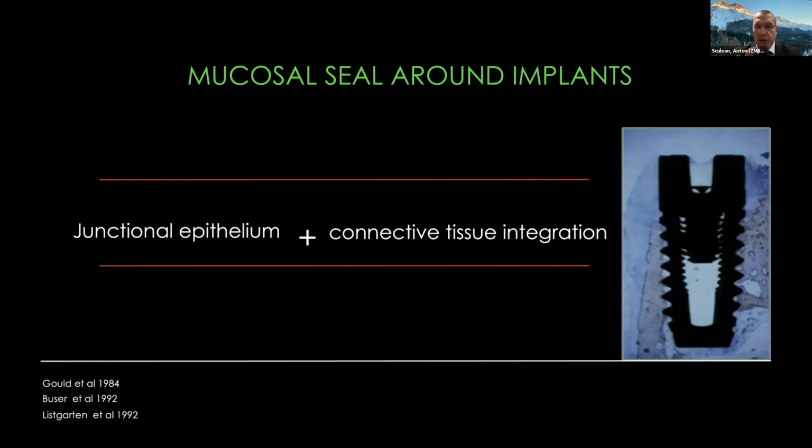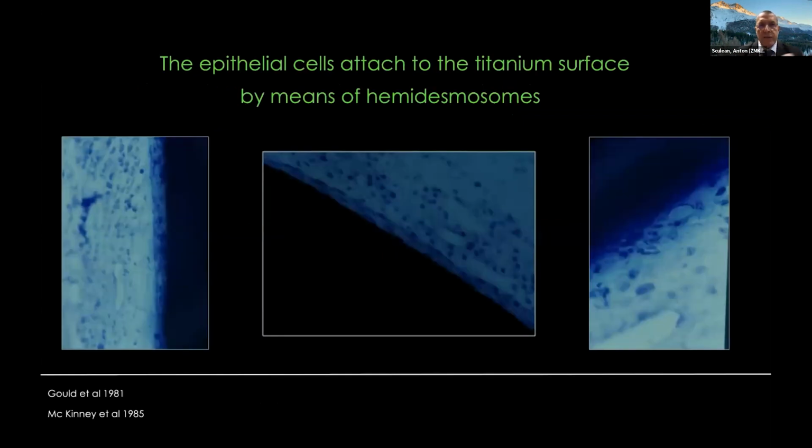When we discuss the mucosal seal around the implants, we have 2 components. We have the junctional epithelium, and we have the so-called connective tissue. The junctional epithelium is always located in the area of the sulcus, and here we have a connection between the surface of the titanium and the epithelial cells via hemidesmosomes.